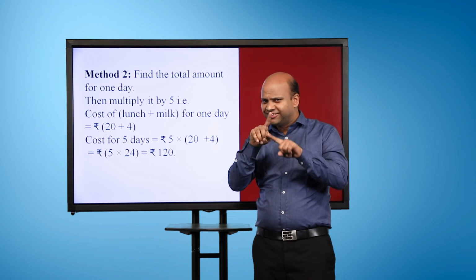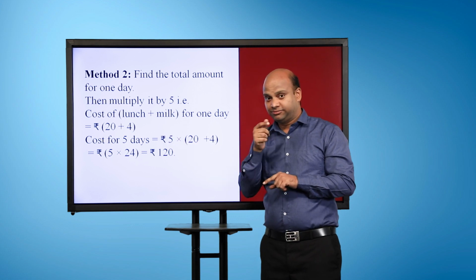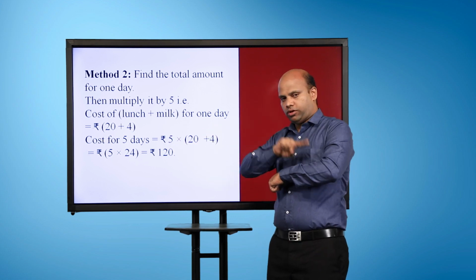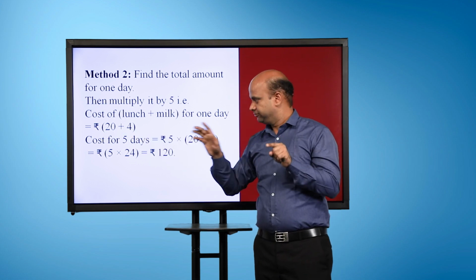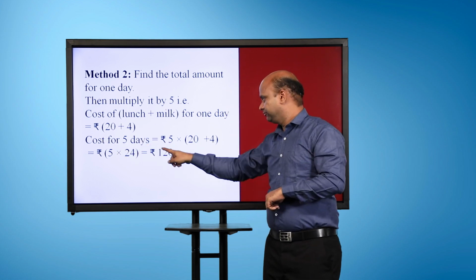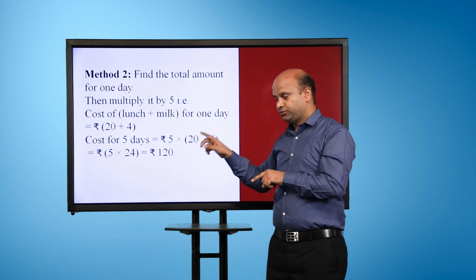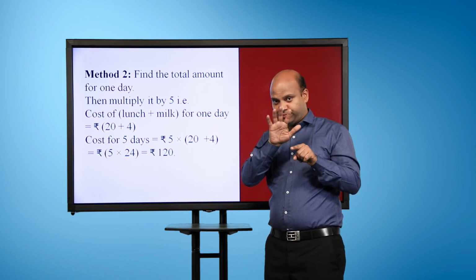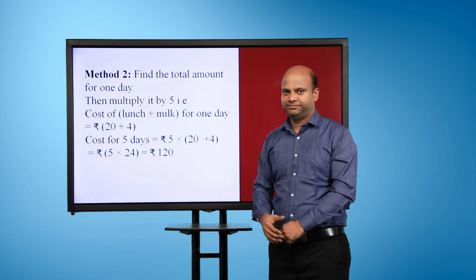Then multiply it by 5, that is, cost of, in brackets, lunch plus milk for 1 day is equal to, in brackets, 20 plus 4 rupees. Cost for 5 days is equal to 5 multiplied by, in brackets, 20 plus 4 rupees, which is equal to 5 multiplied by 24 rupees, which is equal to 120 rupees.